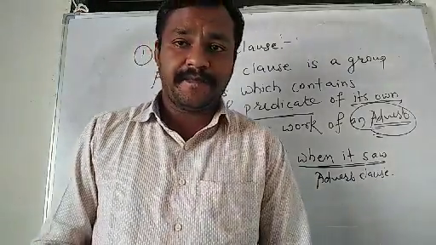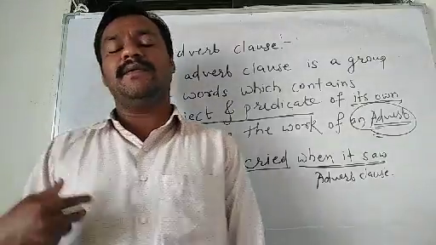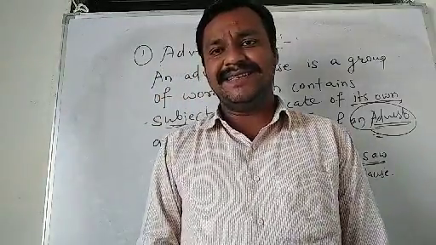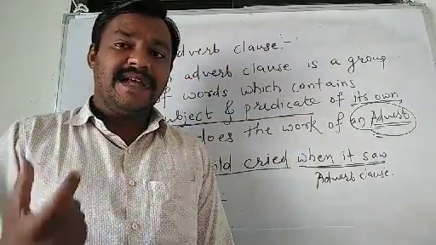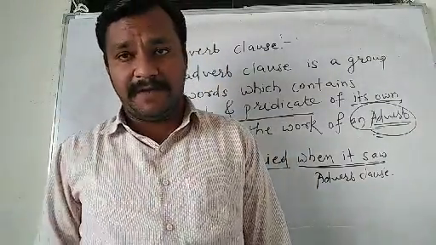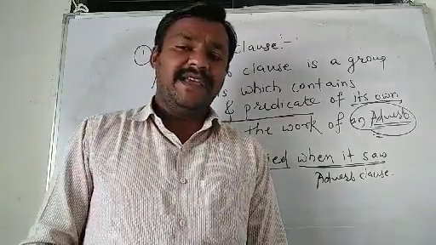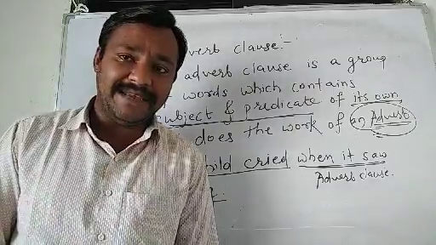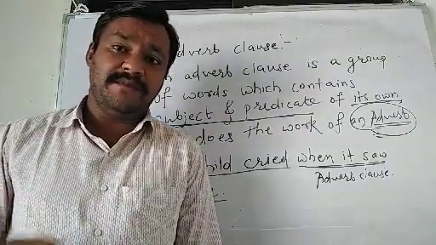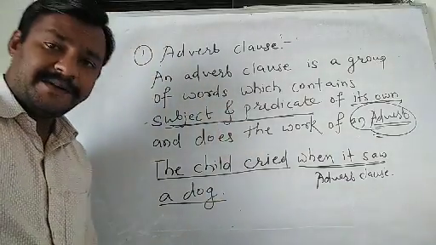And an adverb, if it gives more information about any action, in the sense it gives more information about the verb, that word is called an adverb. Which kind of information? It may give information about place, time, or manner of the action. So an adverb clause is related to that only.